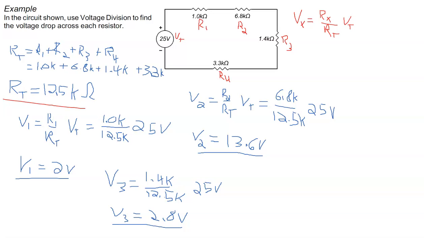And so now the last remaining voltage, V4, we could find using KVL as the difference between the 25 and the sum of V1, V2, and V3.